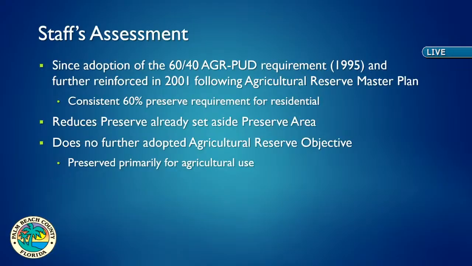In proposing this policy change, it would allow for a reduction in area that has already been set aside. It does not further the existing objective of the tier that the agricultural reserve be preserved primarily for agricultural use.